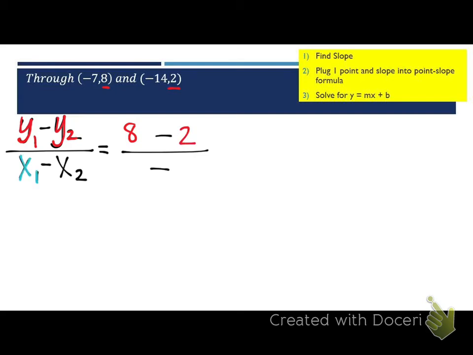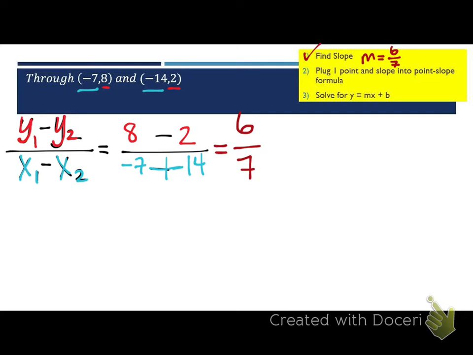First x, negative 7, and then my second x, negative 14. I plug it in, and there's already a negative in the formula. So that makes a plus. 8 minus 2, 6. And then minus 7 plus 14, 7. So we just found the slope, and it is 6 over 7.